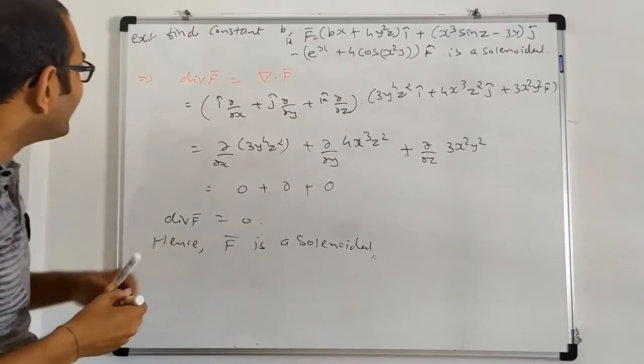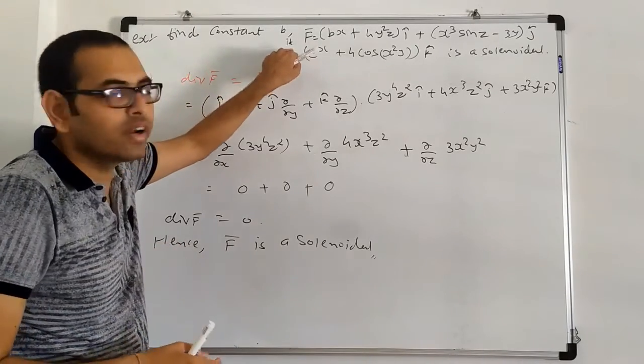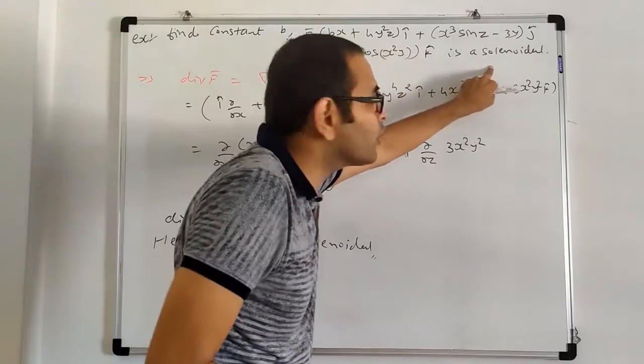Here find the constant b if f bar is solenoidal.